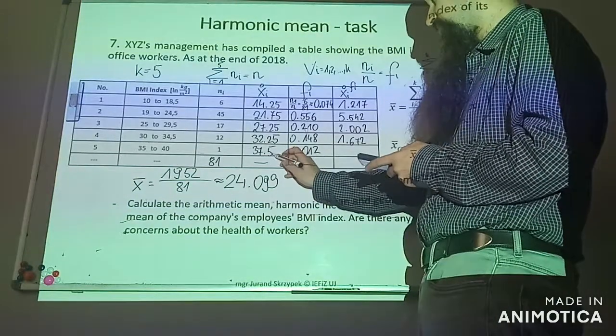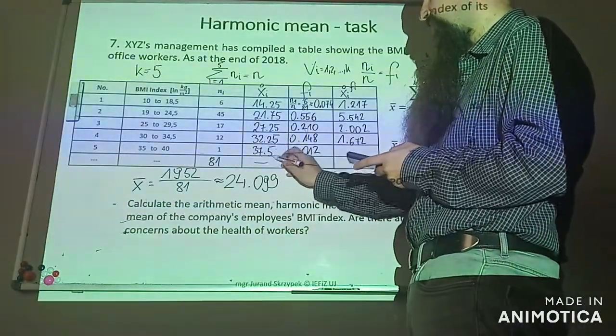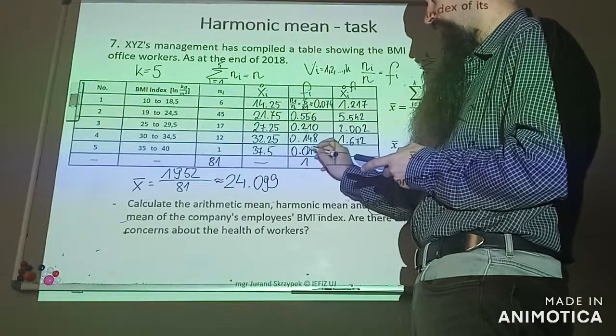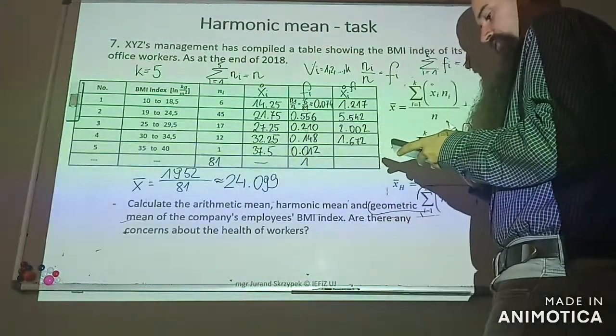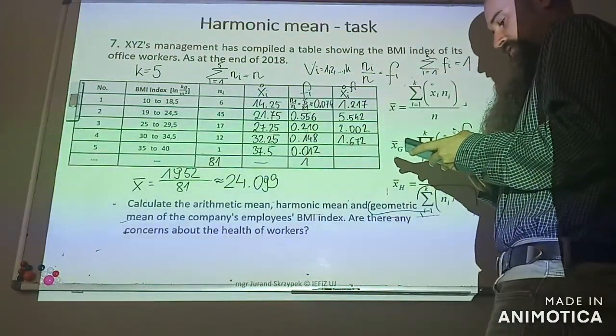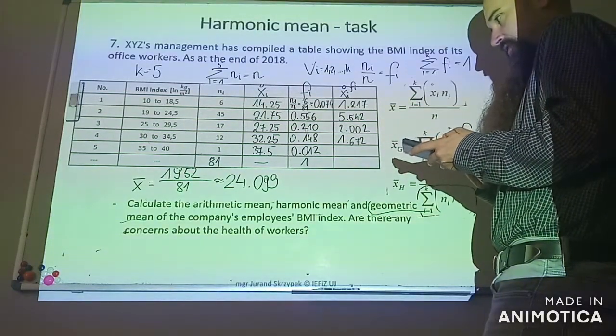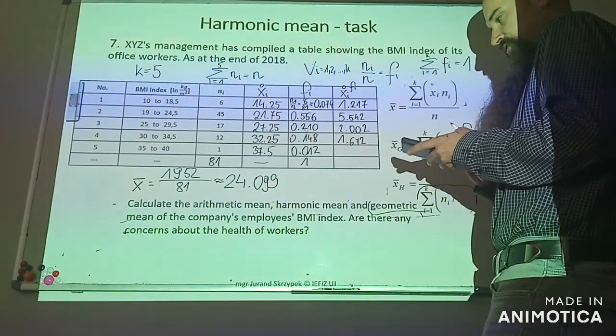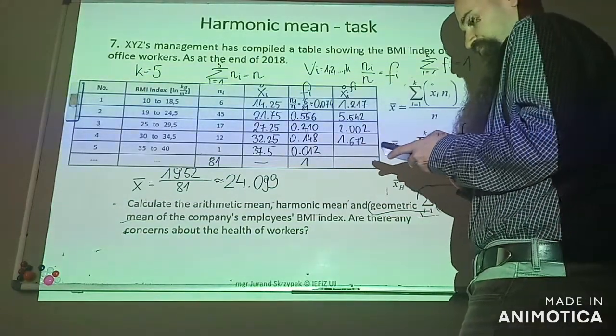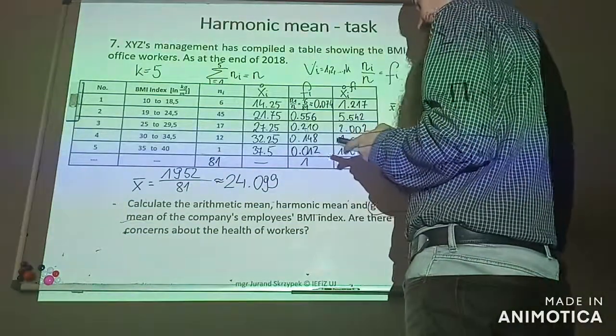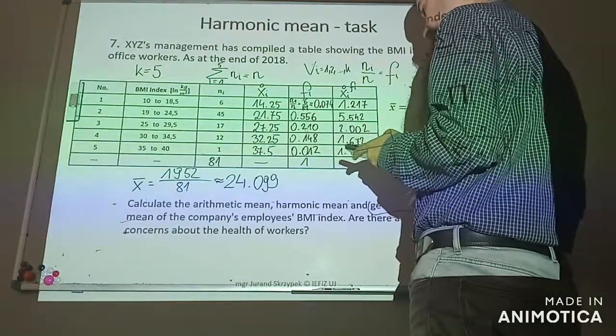And in the last row we raise 37.5 to the power of 0.012, which is 1.044.